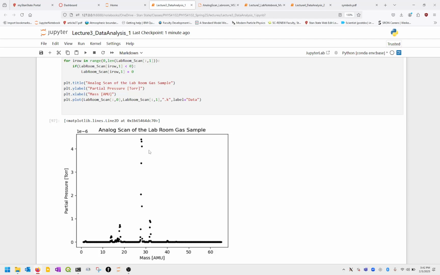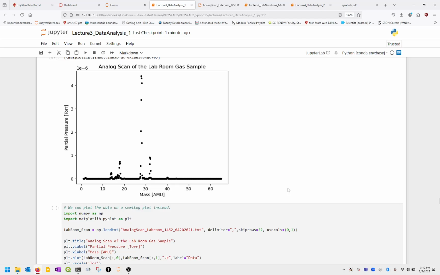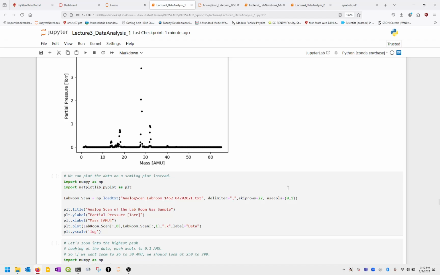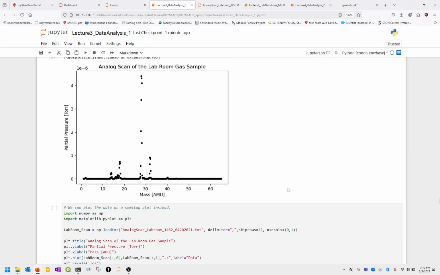Why is 28 a special number in air? Anyone know? What's air? No one knows what air is? Oxygen and nitrogen. Yeah. What's nitrogen?